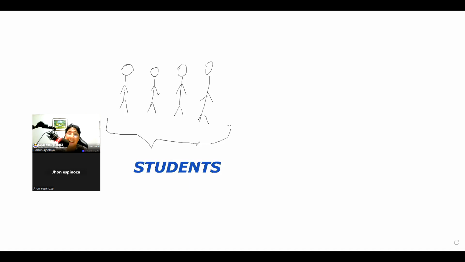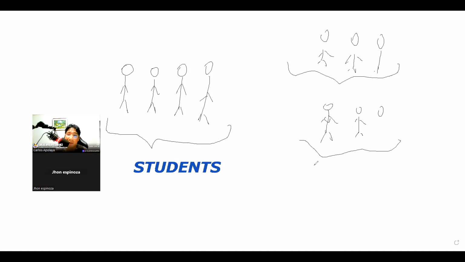So here we have a student. We have students, you know, but I work in different institutions, right? I work here in this company, and here we have more students. Let me draw this. So students, and a group of students. Amazing.